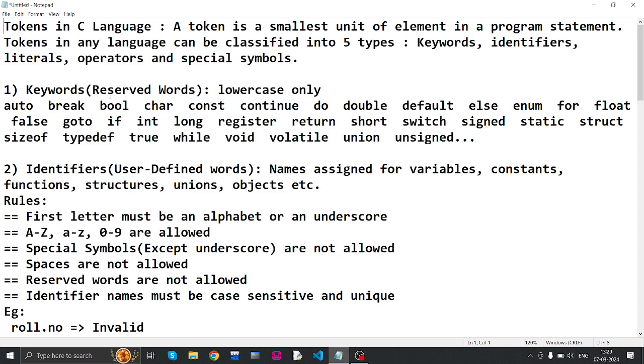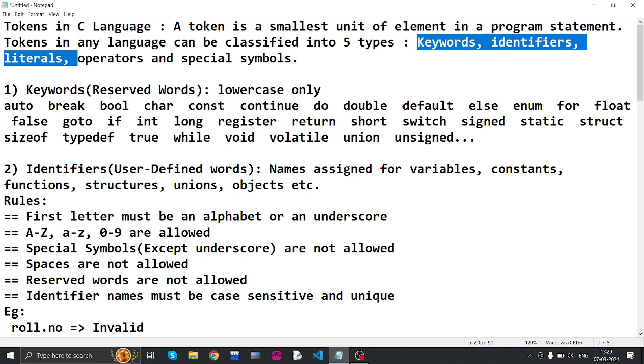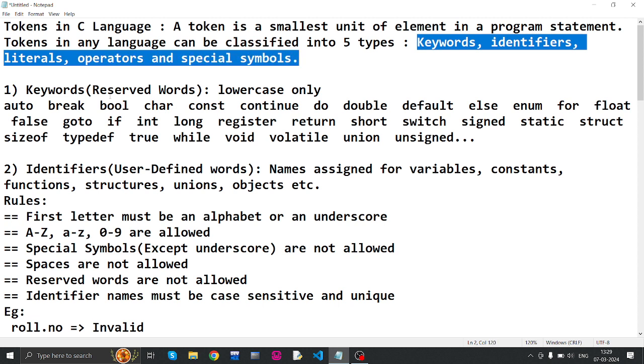While writing a program statement, whatever meaningful elements we use, we call them tokens. A token can be a keyword, an identifier, a literal, an operator, or a special symbol.